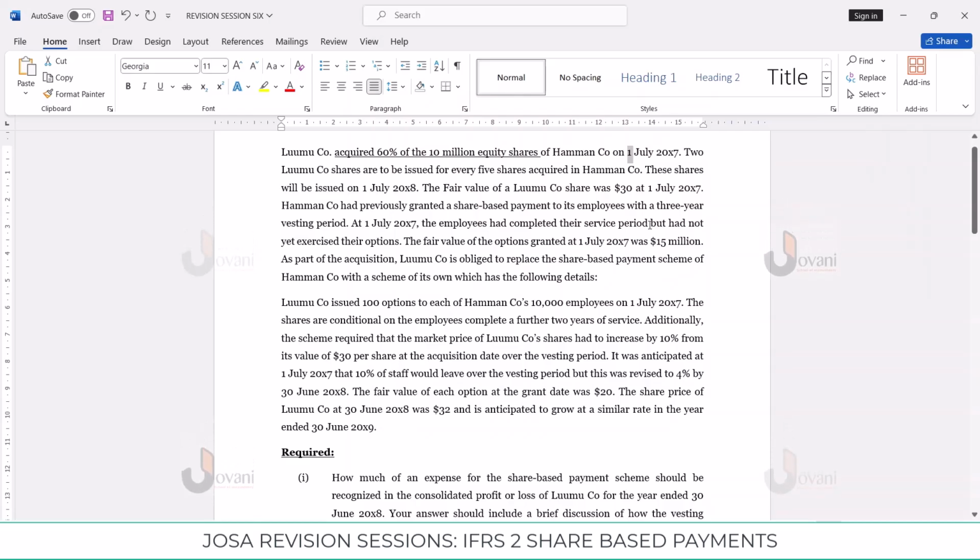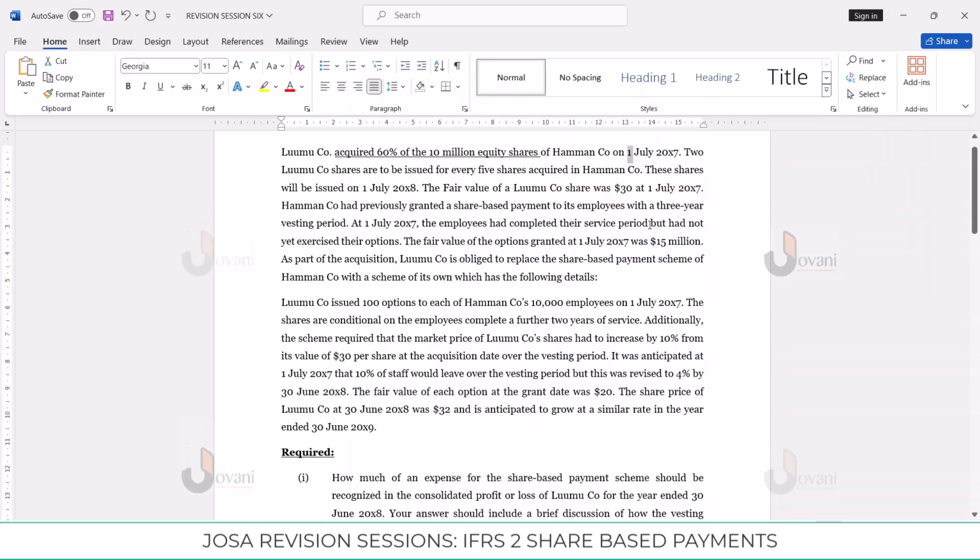So while L was purchasing H, there was already an obligation to pay H employees or to transform into equity, and therefore they become shareholders.